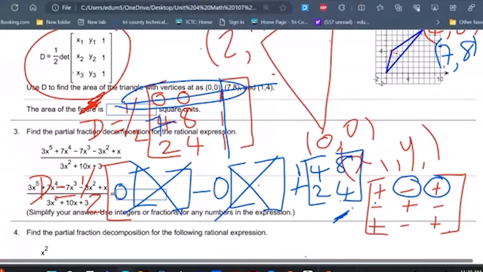Okay, so it is 7, 8. Let's go back. So 0, 0, 1, 7, 8, 1. Let me replace 4 with 7 wherever I see that. So 7 times 4 is 28. 28 minus 16 is going to give me 12, right?